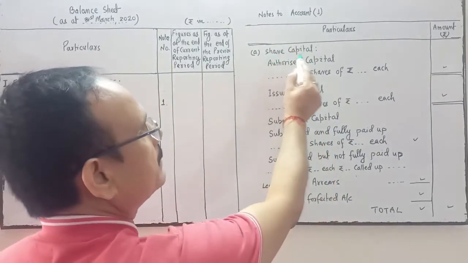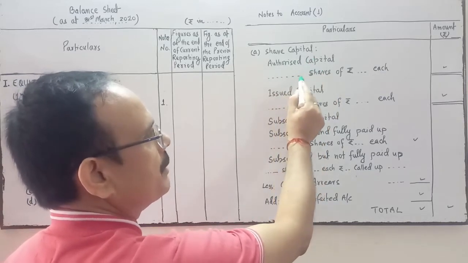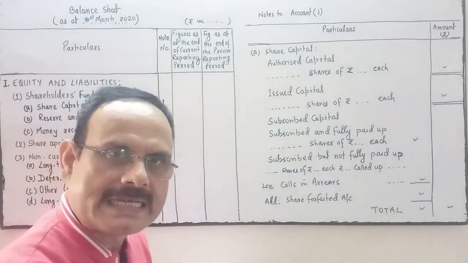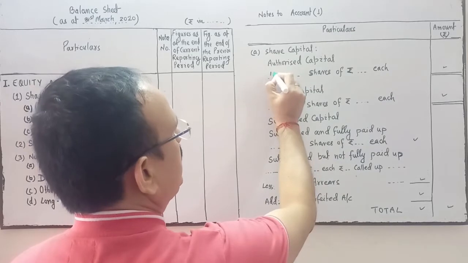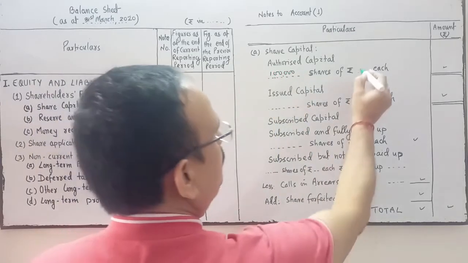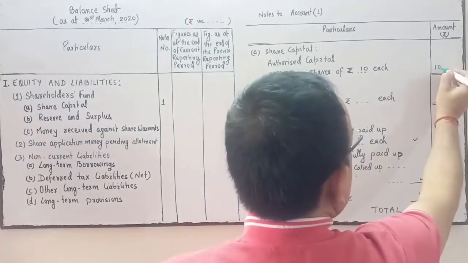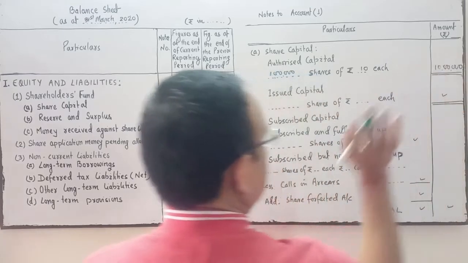So under share capital, authorized capital, the number of shares you have of rupees 100 each or of rupees 10 each. Suppose the authorized capital is 1 lakh shares of rupees 10 each, then we'll write 10 lakhs over here, and this will be closed.